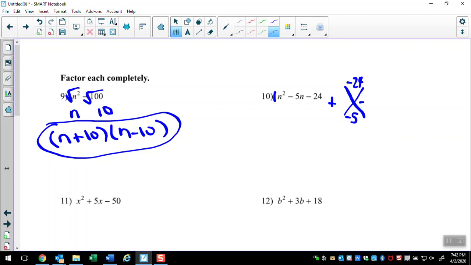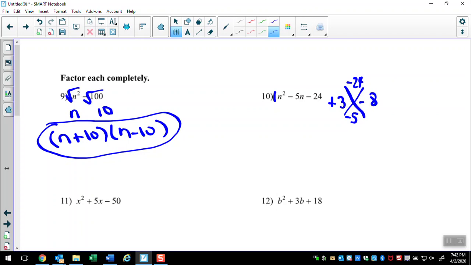So factors of 24, we got 1 and 24, 2 and 12, 3 and 8. There it is, 3 and 8. Because 8 minus 3 is 5, or 3 plus negative 8, or 3 minus 8 is negative 5.